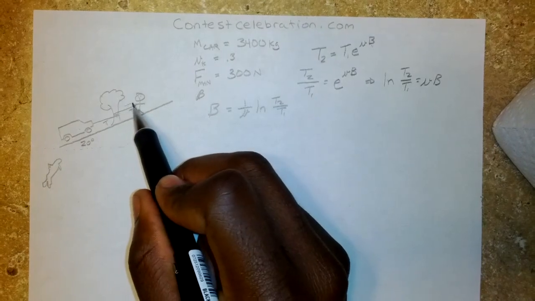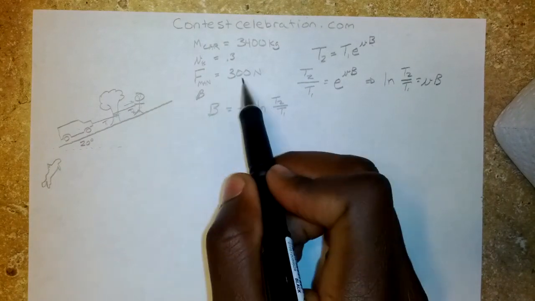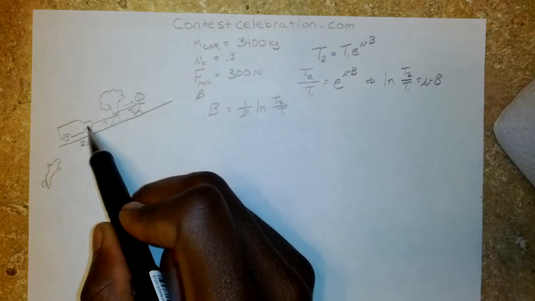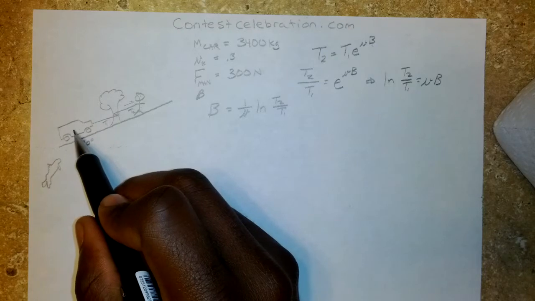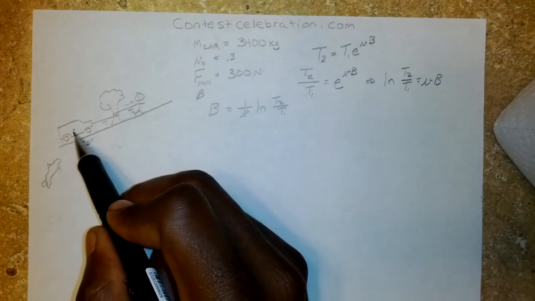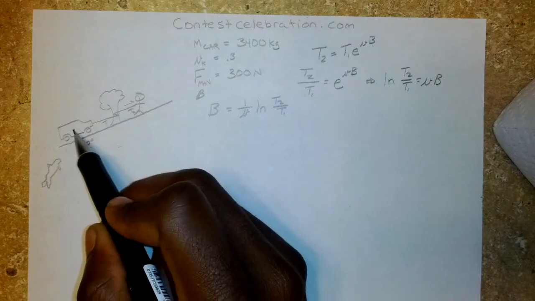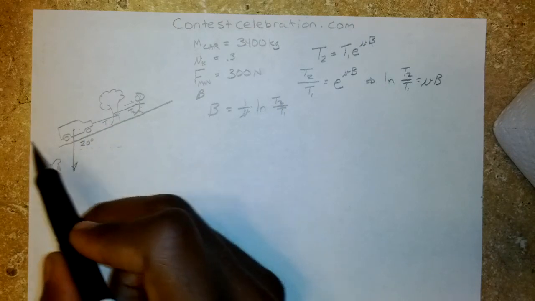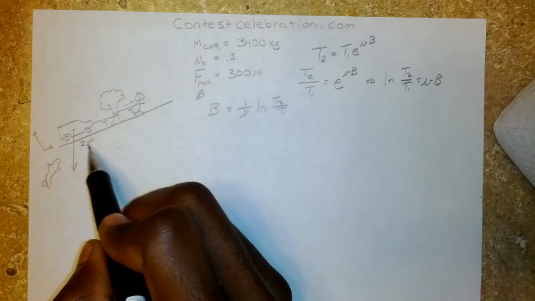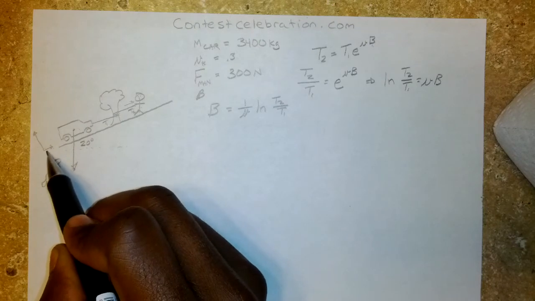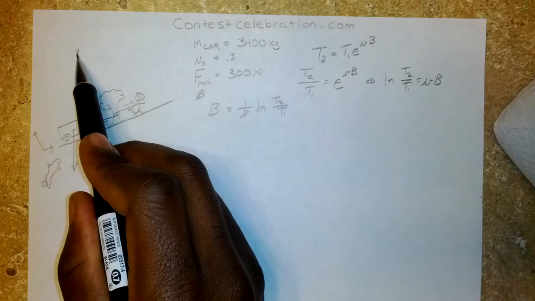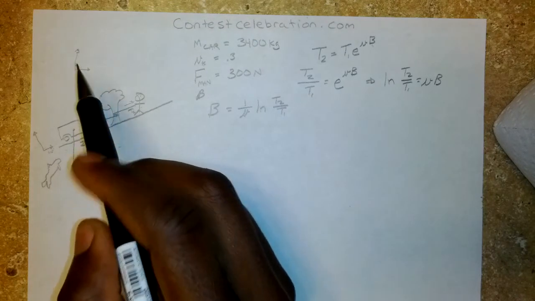We know this force here that this guy can output is 300 newtons. We don't know what the tension force here in this rope is. So the way we do that is we have to calculate the component of weight that's acting on this rope. So we know weight goes down, and I'm going to draw my frame of reference here along this axis, and since this is rotated by 20 degrees, all I'm doing here is rotating it by 20 degrees from a normal frame of reference that you might see people drawing.